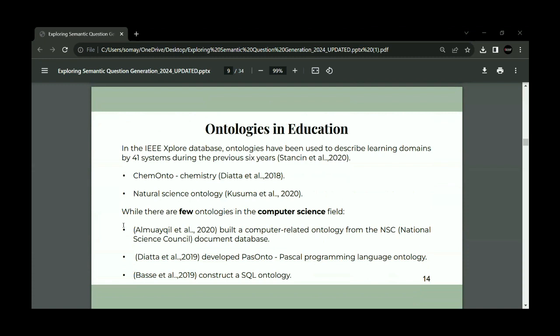While there are few ontologies in the computer science field, the authors here built a computer-related ontology from the NSC document database, and another ontology for Pascal programming languages. A programming language ontology was created, and an SQL ontology was also created.